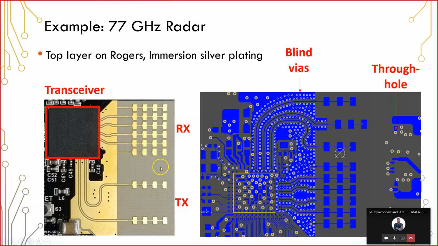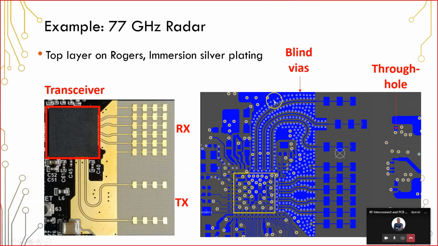This particular one is not immersion silver, but you could get lower losses if you go with immersion silver. And a better way to do this, in my opinion, to ensure better isolation between this radar section and other stuff on the board, is to use a coplanar waveguide. In this case, they used blind vias in this example design on the right.